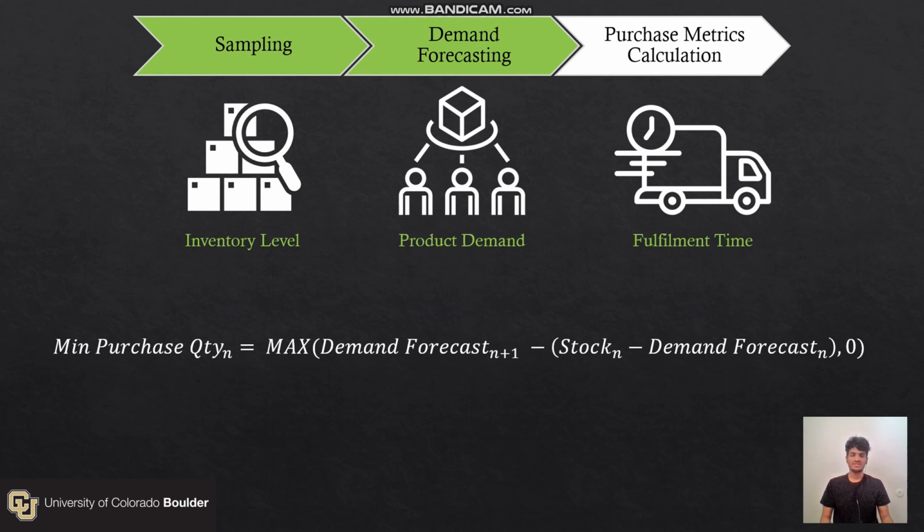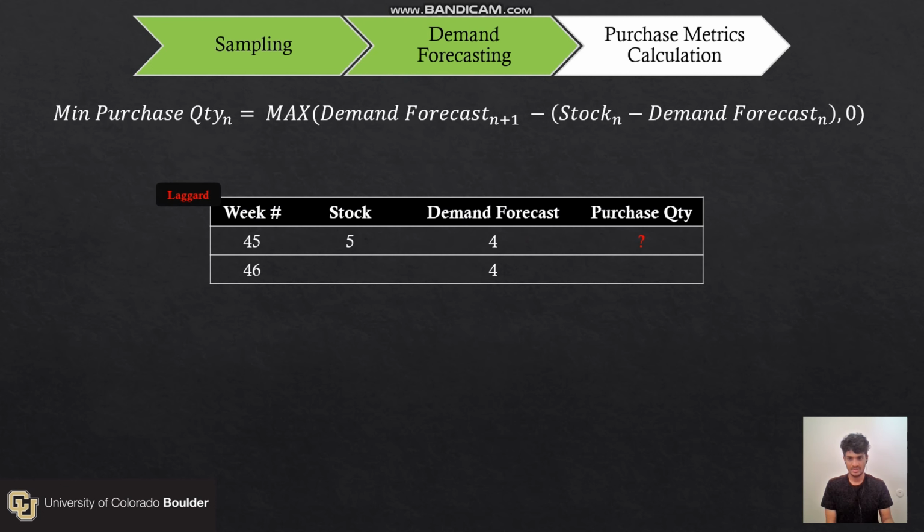Now, the purchase quantity of every week was calculated using this formula. Let me demonstrate it using a dataset. Say I have this dataset from the Lagarde product of 45th and 46th week, and assume we are at the starting of the 45th week and we want to predict the purchase quantity for that particular week.